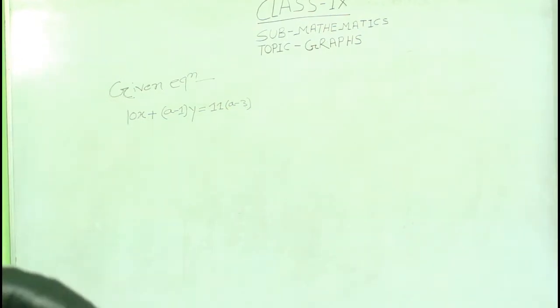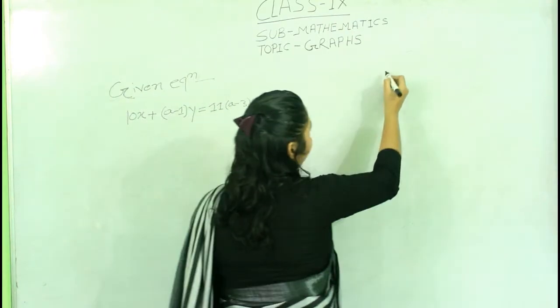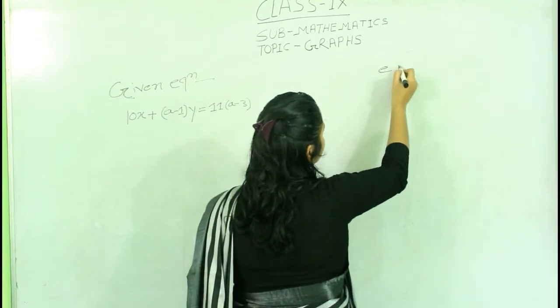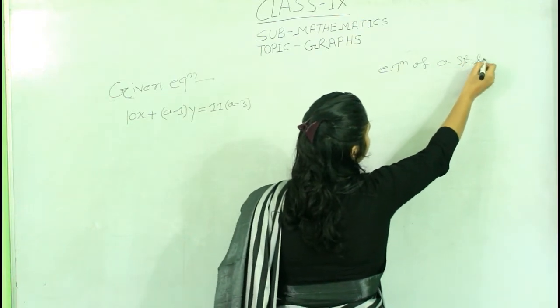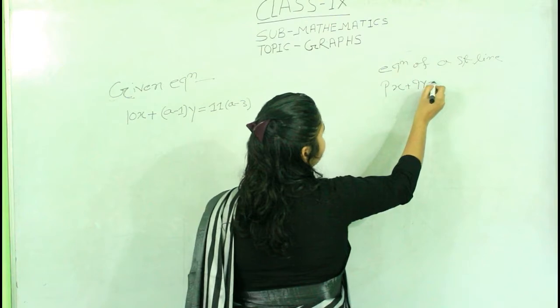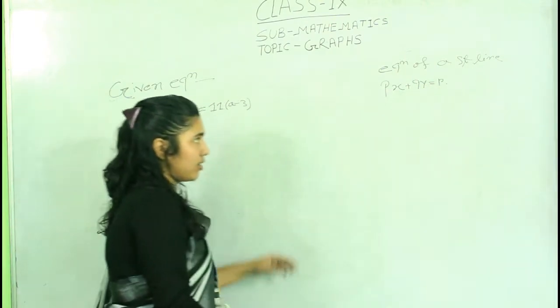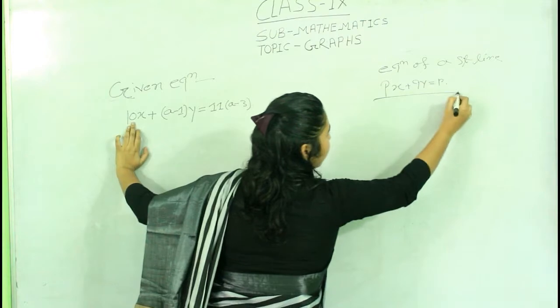Now, what is the general equation of a straight line? We know that the equation of a straight line is px plus qy is equal to r. Now compare this equation with this general form.